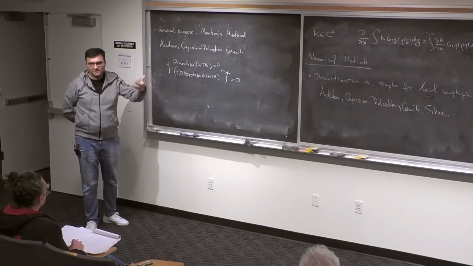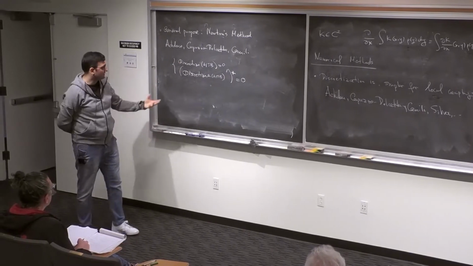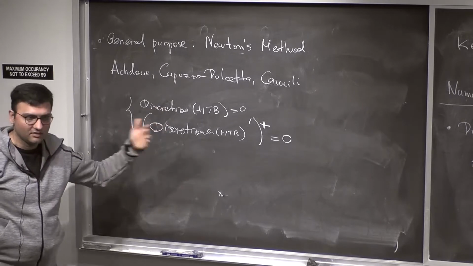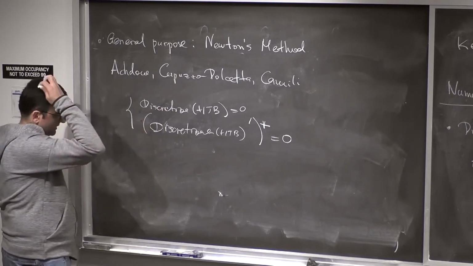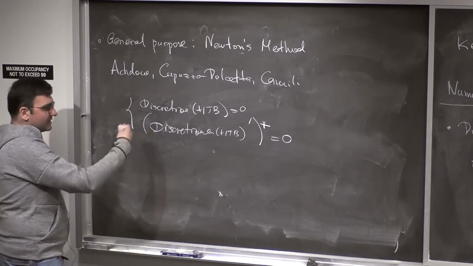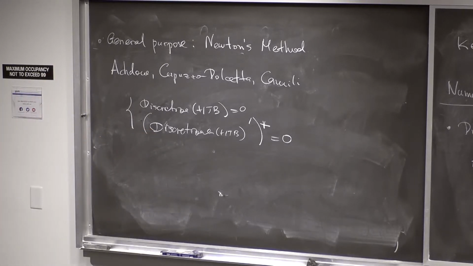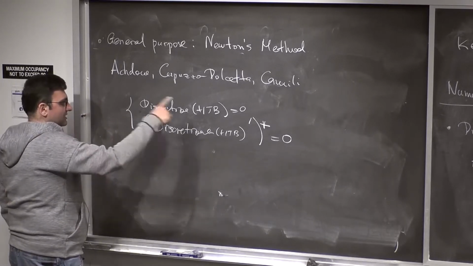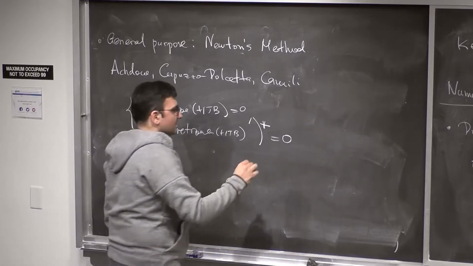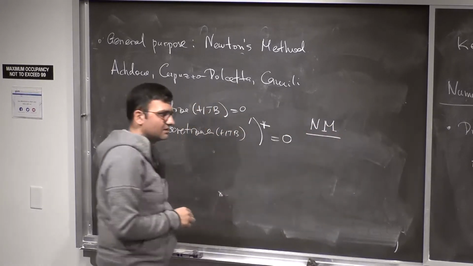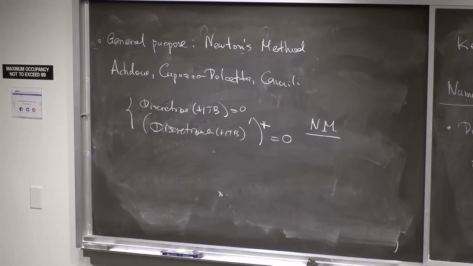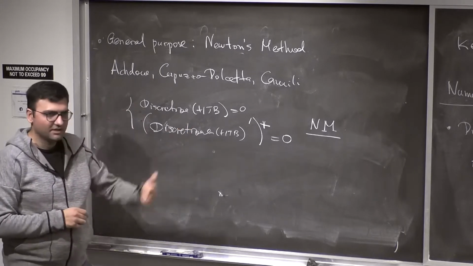You're implying the same kind of identity on the discrete level, and then you get estimates on the discrete level as well. Once you discretize this whole system, you solve it using Newton's method. You have a system of equations, and you just apply Newton's method.